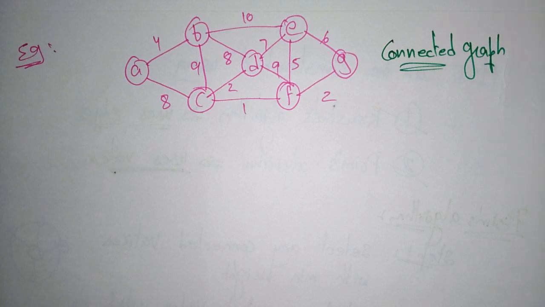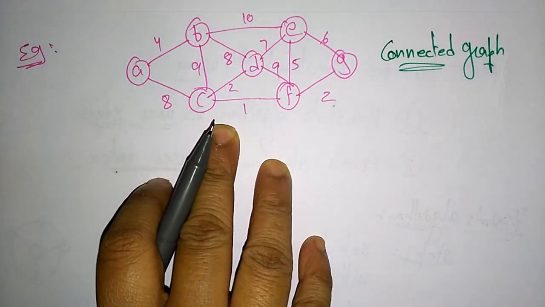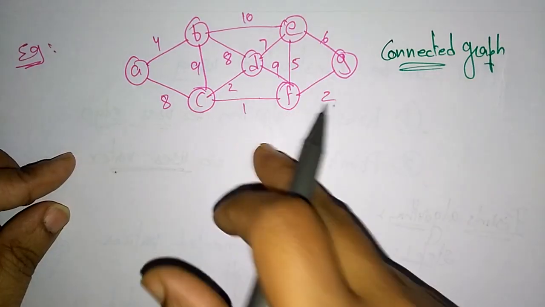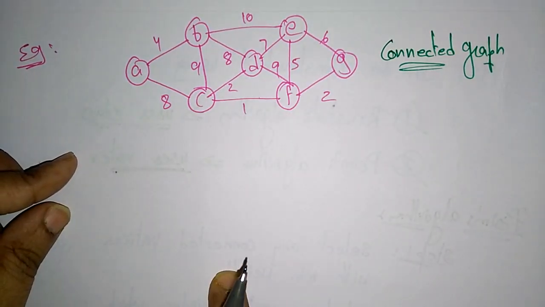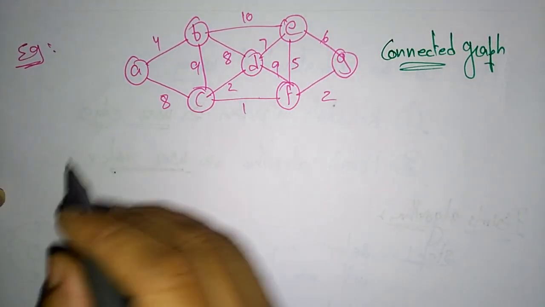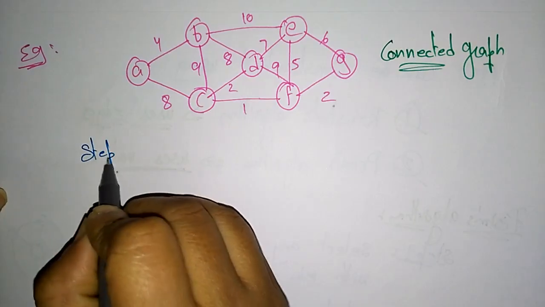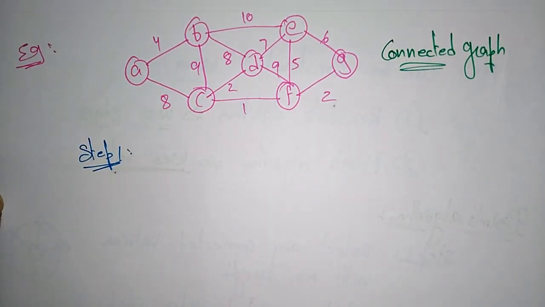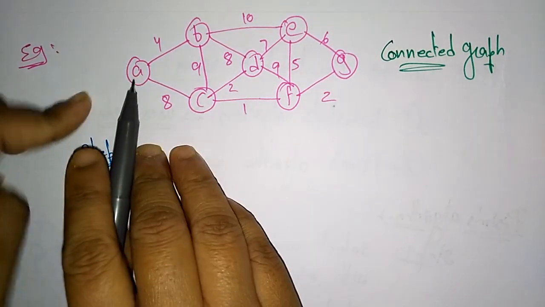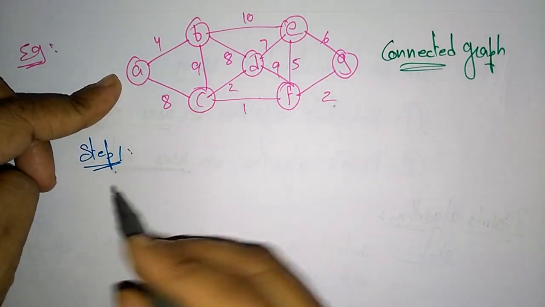Now let us write step 1. We are converting this graph into a minimum spanning tree by using Prim's algorithm. So what is Prim's algorithm? In step 1, we have to select any connected vertex with minimum weight. Suppose starting I'm taking A; you can take anything.